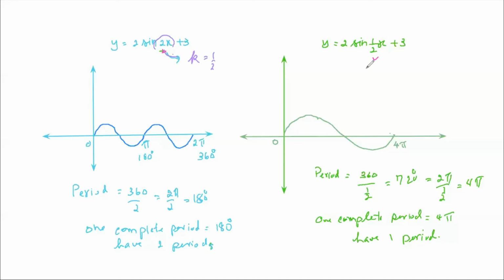Okay, now if this one, when you see this one less than 1, that means our k reciprocal becomes 2. So then this can tell us the new x is going to be larger, right? That means it is a horizontal stretching.